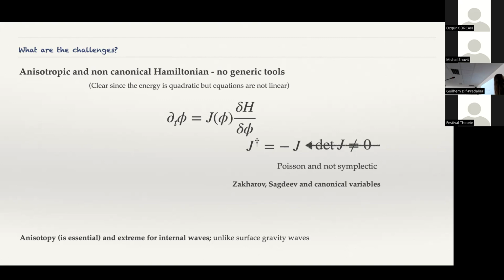And in our case, in the 2D Boussinesq, we can write our equations in this form, and because the skew-symmetric form J has a non-trivial kernel, there is another conservation law. It's called the pseudo-momentum and has the same origin as helicity. And it's the correlation between the velocity and the vorticity.